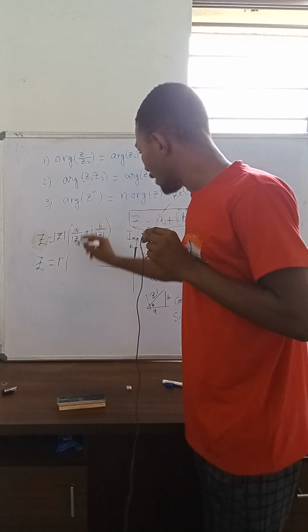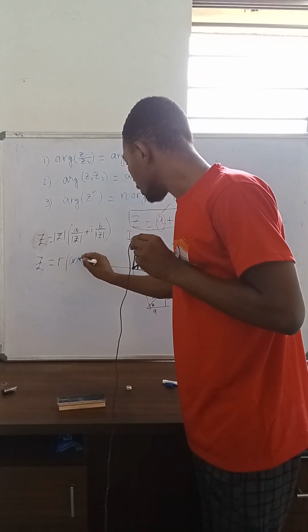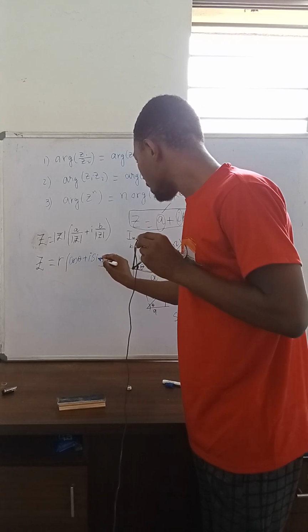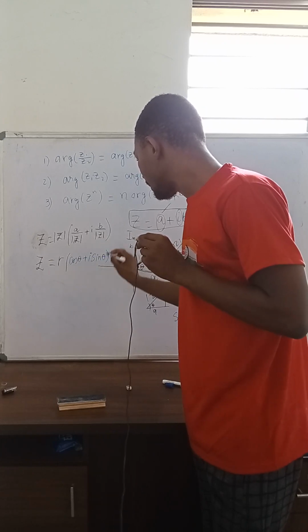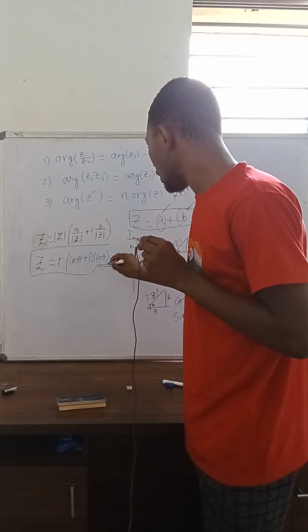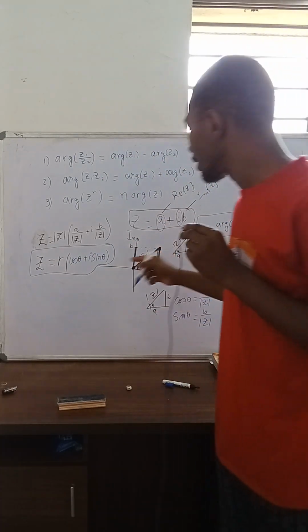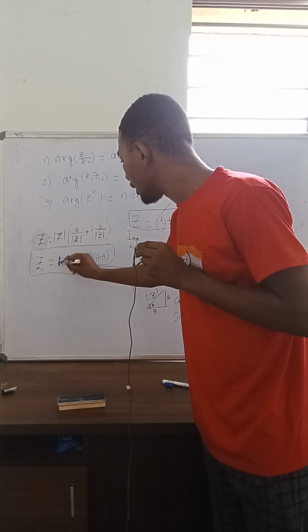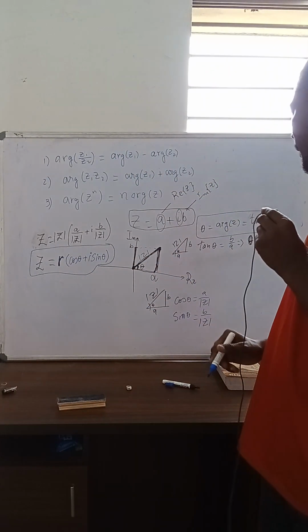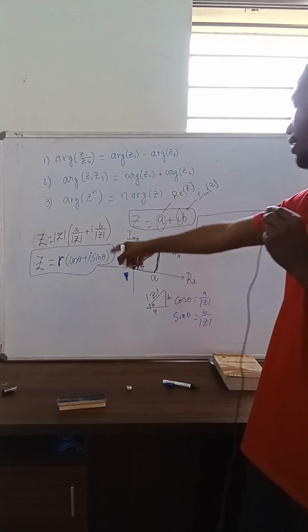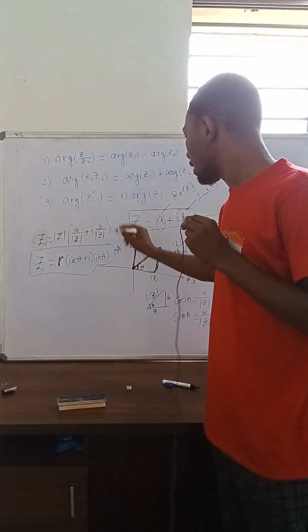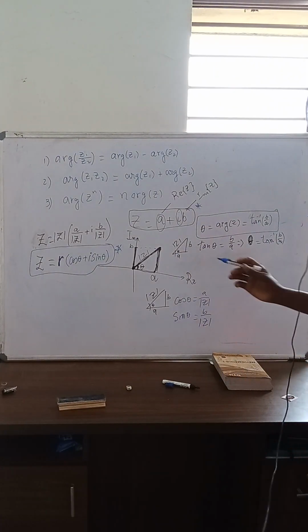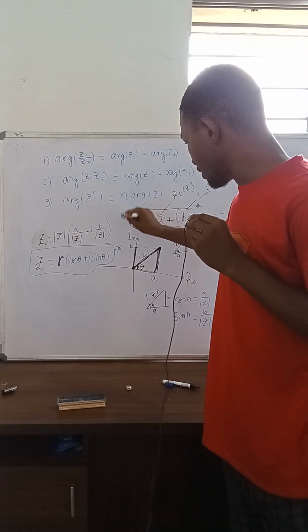So it means that here we have cosine theta plus i sine theta. This is the other and most common way to write an imaginary number. I'll call this one star. This is also a way to write an imaginary number.